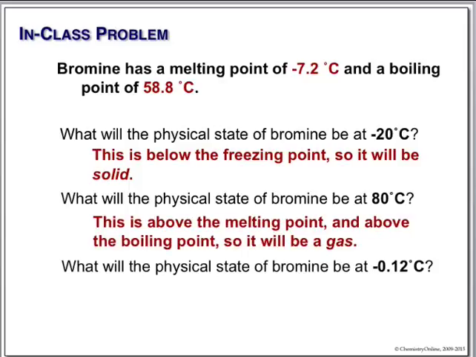And finally, if we're at minus 0.12, I chose that number because everyone hates negative numbers. But bromine isn't going to freeze until we hit minus 7, is it? Not going to boil until we hit 58. Therefore, this is bromine as a liquid.